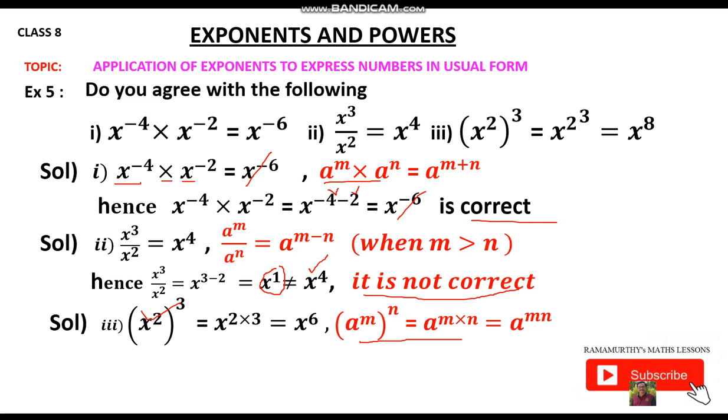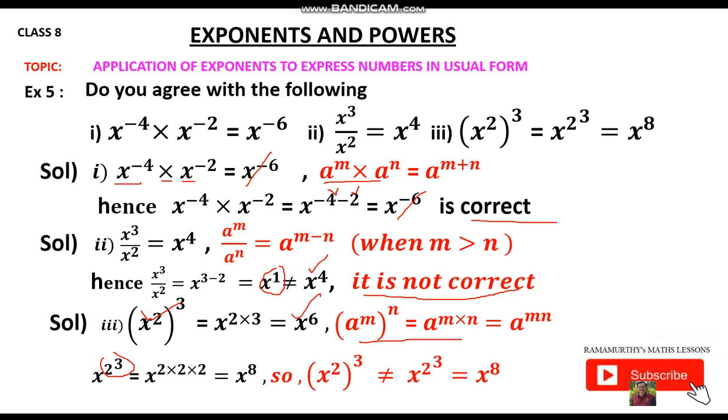So this should be equal to x^6. Whereas x^(2^3), 2 cube means 2 × 2 × 2, which gives us x^8. But x^8 never equals x^6. So the given problem stands not correct. So this is not equal to the given result. Thank you.